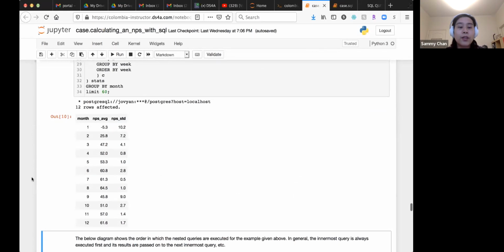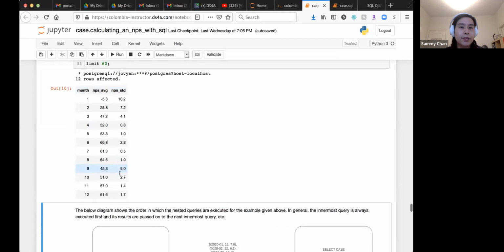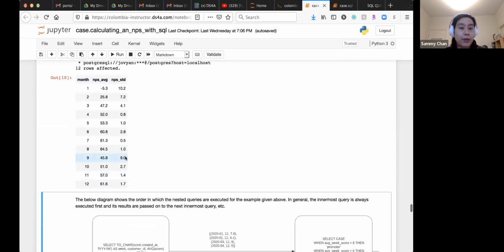So we can also go into the month of September a little bit more, as we saw the standard deviation is quite big. That means in the month of September, not only did the NPS average drop quite significantly, but we're also getting a more polar view about our product.